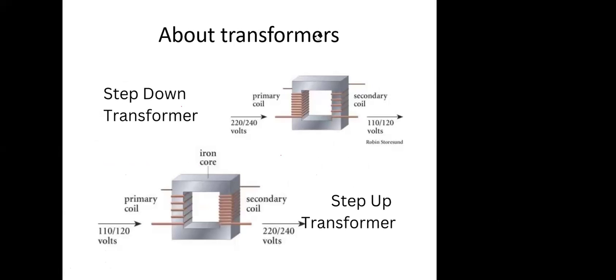So in diagrams, you can see I have two diagrams. The upper one is a step down. The lower one is a step up. What else do you see in the diagrams that we can use in our explanations?